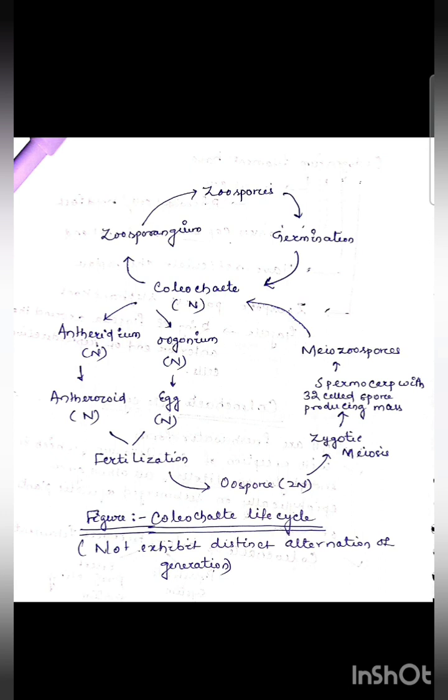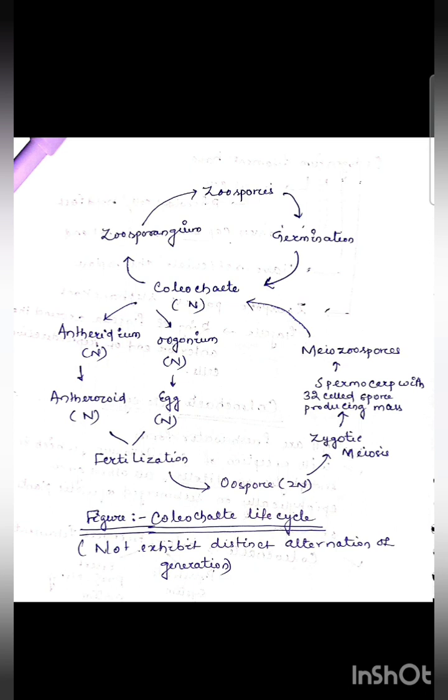So see, in Coleochaete, the adult plant is haploid in nature and represents the gametophytic phase. It bears the most highly developed sex organs among all the chlorophyceae. They are antheridia and oogonia. The diploid condition is established in the oospore. The single-celled diploid oospore is the only diploid structure of the life cycle of Coleochaete.